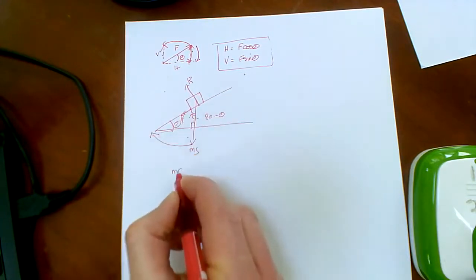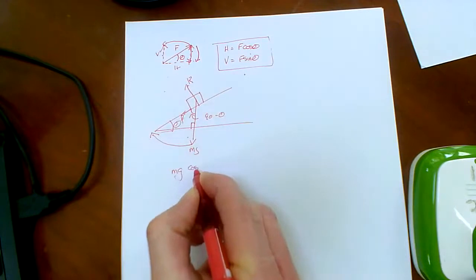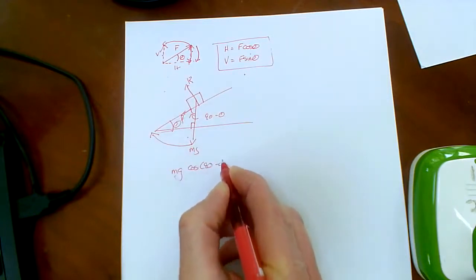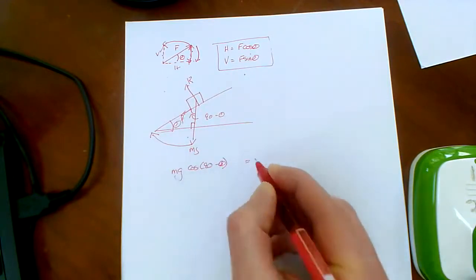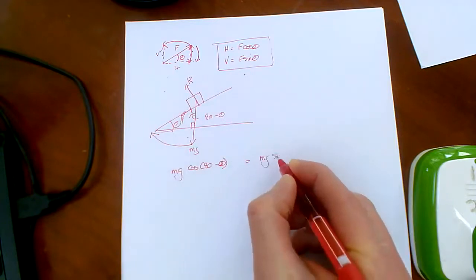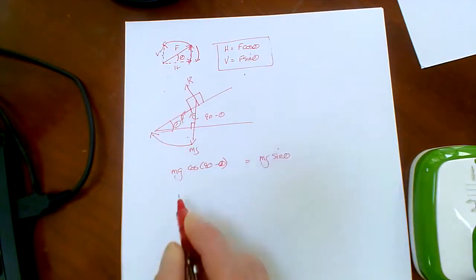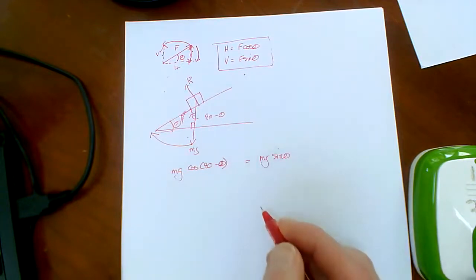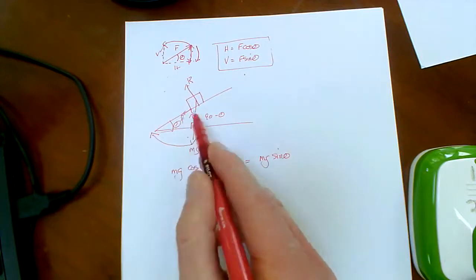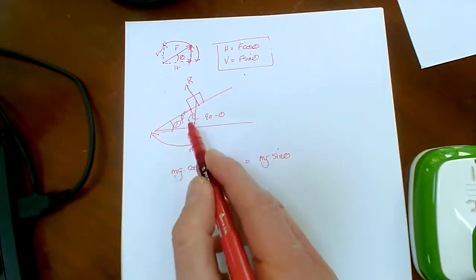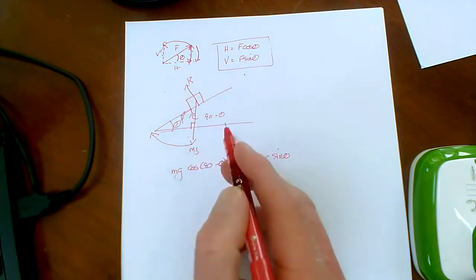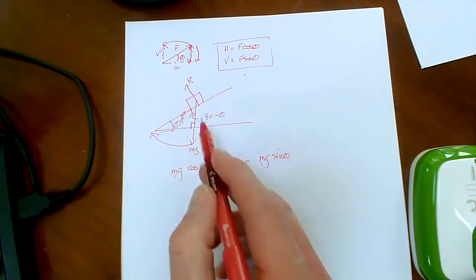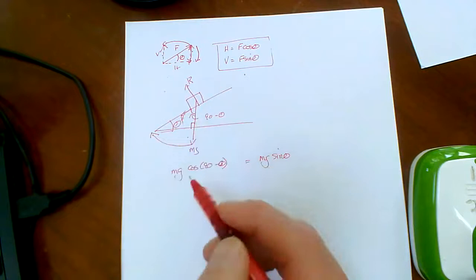So it is mg cos 90 minus theta, which is, I'm sure you know, mg sine theta, because the cos of 90 minus theta is the same as sine of theta. So that makes this kind of scenario much easier to work with, because I'm not trying to draw a triangle. And deciding what triangle to draw can be tricky.